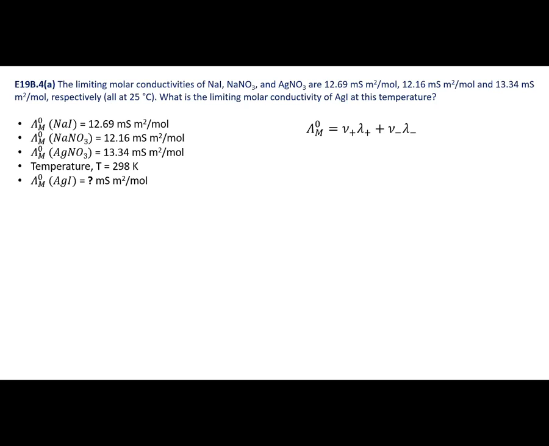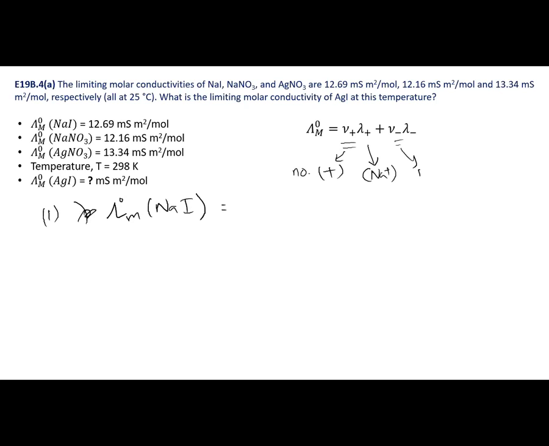So the first one, say here, lambda of sodium iodide, I can write this as, let me explain this equation. So nu plus determines the number of cations, and lambda plus is the type of cation we are dealing with, maybe like sodium plus as an example.